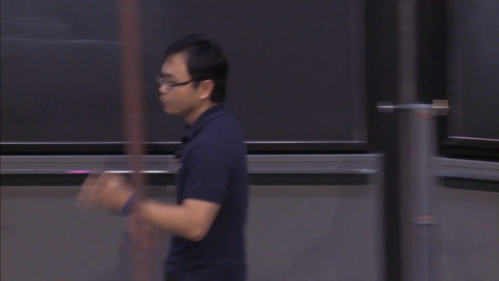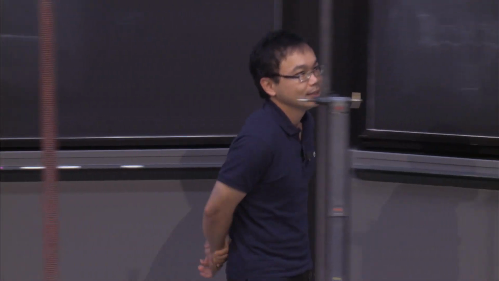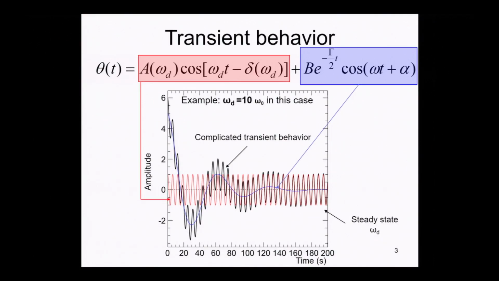So if we go ahead and plot an example as a function of time, the y-axis is the amplitude, and the x-axis is time, and what is plotted here is the superposition of the steady-state solution and the homogeneous solution.